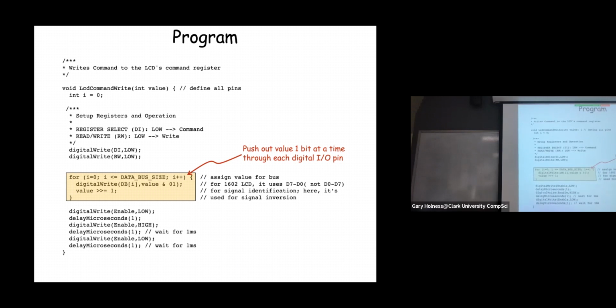It's really important to distinguish these, because you're going to say, oh my gosh, what are they doing? There's the least significant bit of the value you're pushing out, the digital I/O port on the Arduino, and the bus connection on the device. You're going to have to manage those three. Does that make sense? Any questions? A little confusing? Yes? Okay.